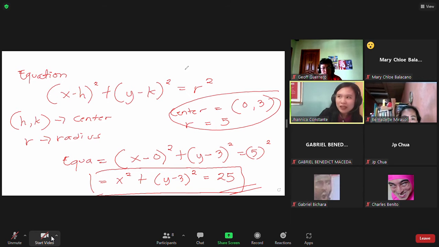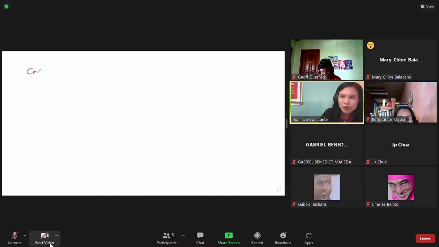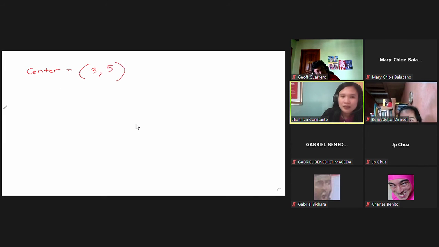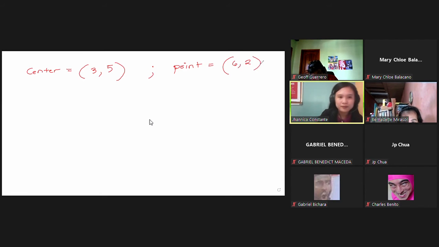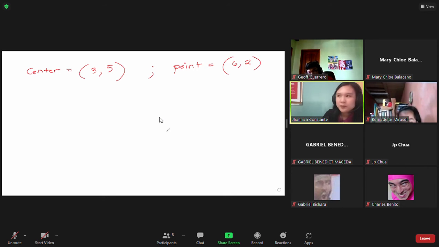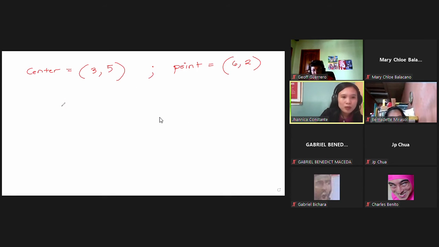But if the given is a center, for example, 3 and 5, and a point on the circle that has coordinates of 6 and 2, using the standard form of the equation, we need to find the radius of the circle to write the equation.